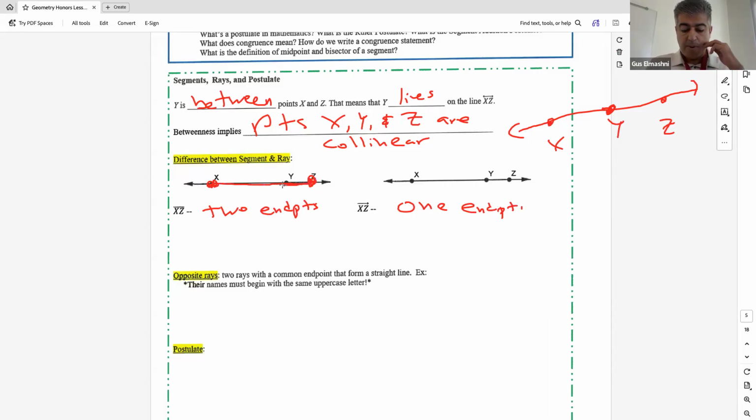It clearly has an infinite set of points, but it ends in both places. Ray xz looks like this. Whereas a ray goes forever in one direction. Forever towards z.